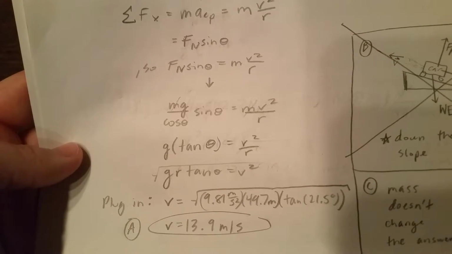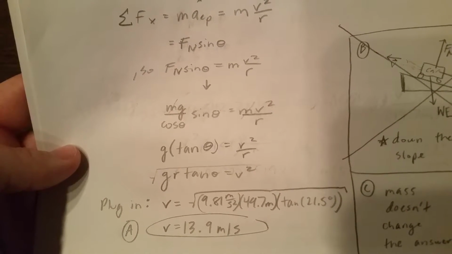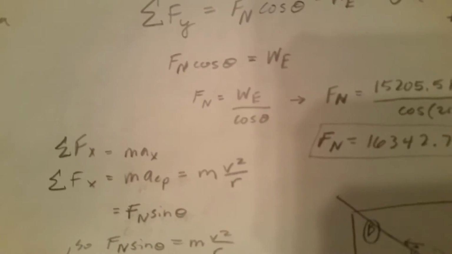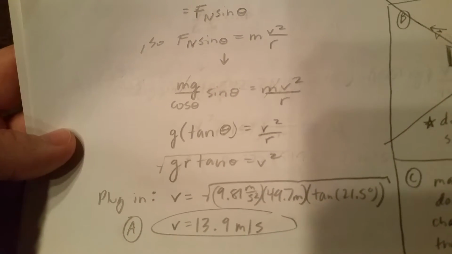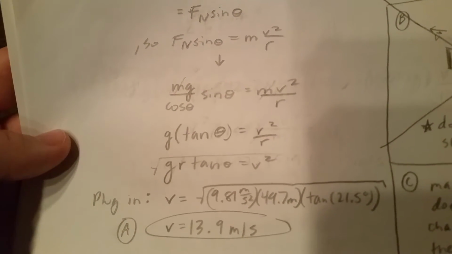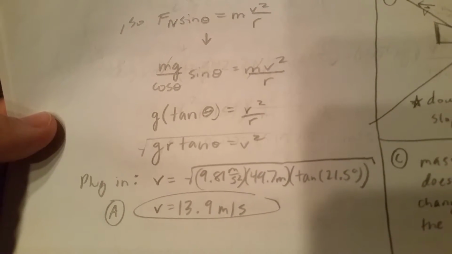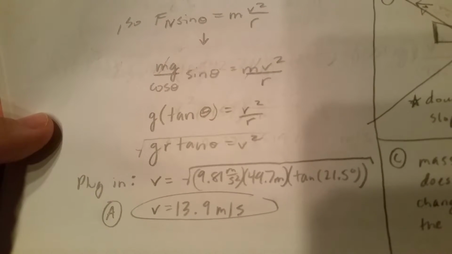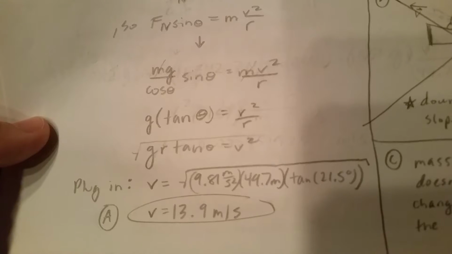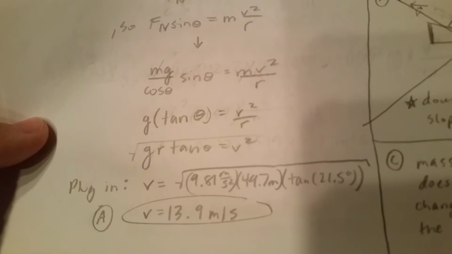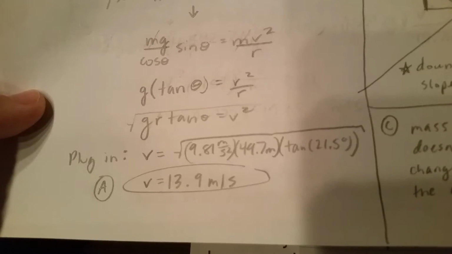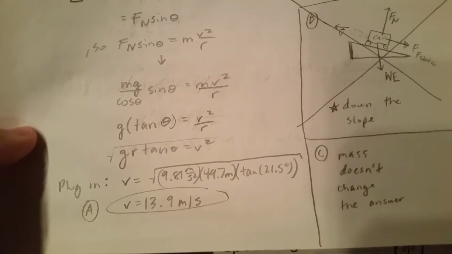You simplify, and force normal ends up being mg over cosine theta, because that is what we solved for up above. You plug that in, the m's cancel, and sine over cosine equals tangent. Then you know g, you're given r, you know theta, so you solve for v and get 13.9 meters per second, which is about the same. It's just different due to rounding, I'm guessing.